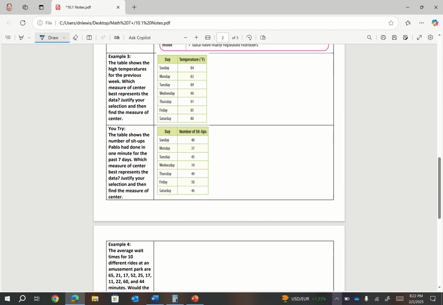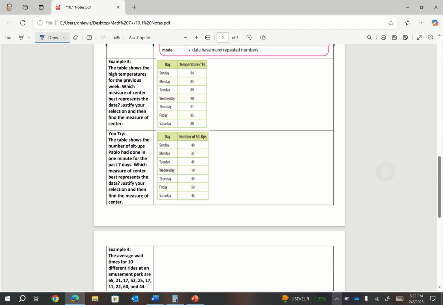All right, example 3. The table shows the high temperatures for the previous week. Which measure of center best represents the data? Justify your selection and then find the measure of center. Okay, we've got 7 numbers.